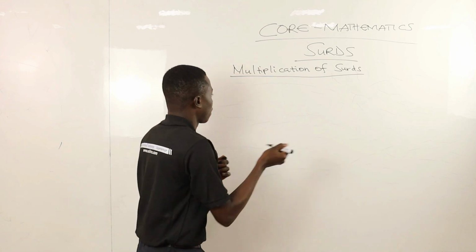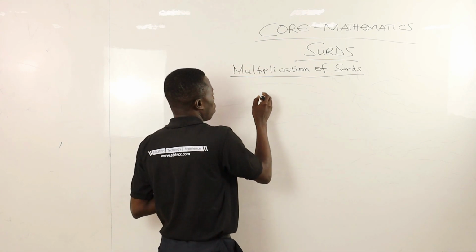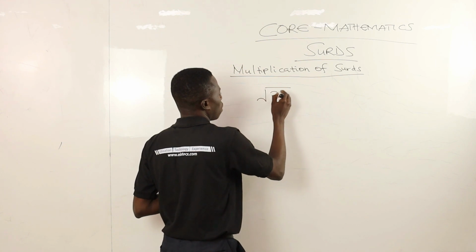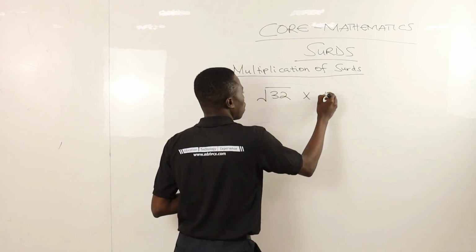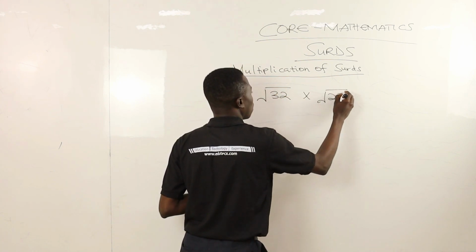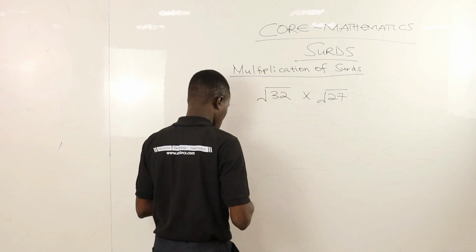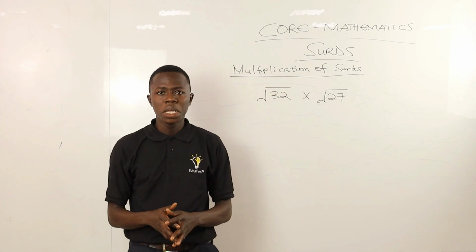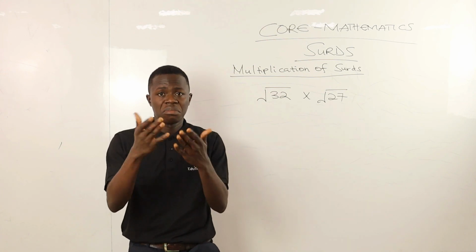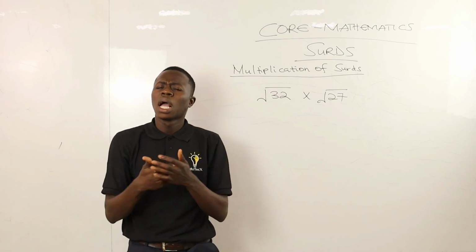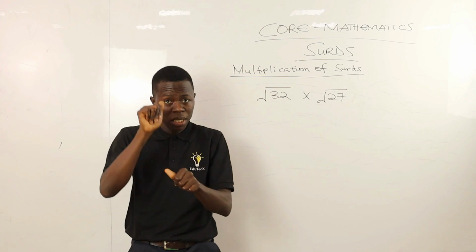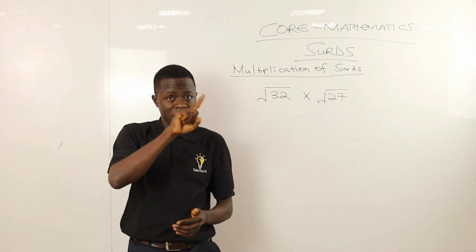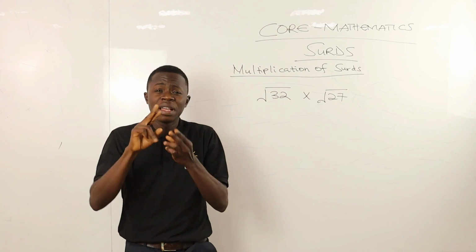So we are having an example of the form square root of 32 multiplied by square root of 27. Maybe when you are given this example, you would ask, how can we solve this? But remember, in previous lessons, we've said that whenever you are given a complex set, what do you do?